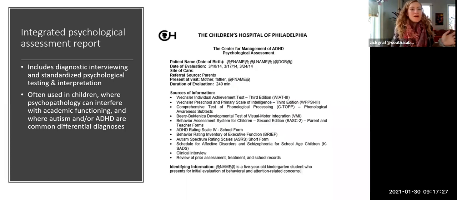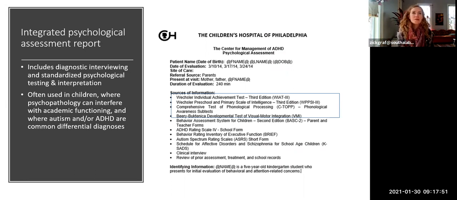So the end result of diagnostic interviewing and assessment, especially when that assessment involves psychological assessment and standardized testing, looks kind of like this. This is an example of a template that I used to use to write psychological reports when I was in grad school. This is a psychological report for a 5-year-old patient.